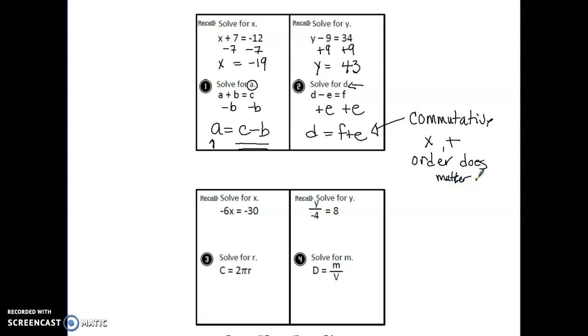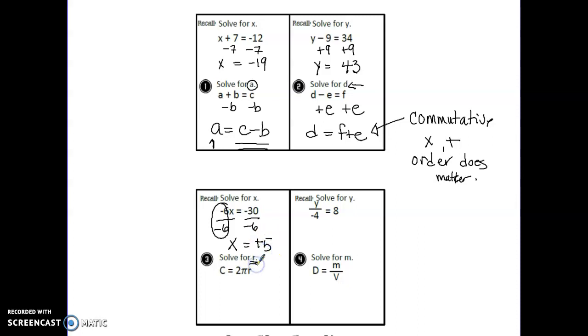Okay, so then let's look at some multiplying and dividing. Just one step. We're always doing the inverse operation. If I have a numerical coefficient like negative 6 in front of the x, I'm going to divide both sides by that factor. Negative 6 divided by negative 6 is 1. That gets rid of that number in front of the x. So I have solved for x, and my answer is positive 5.